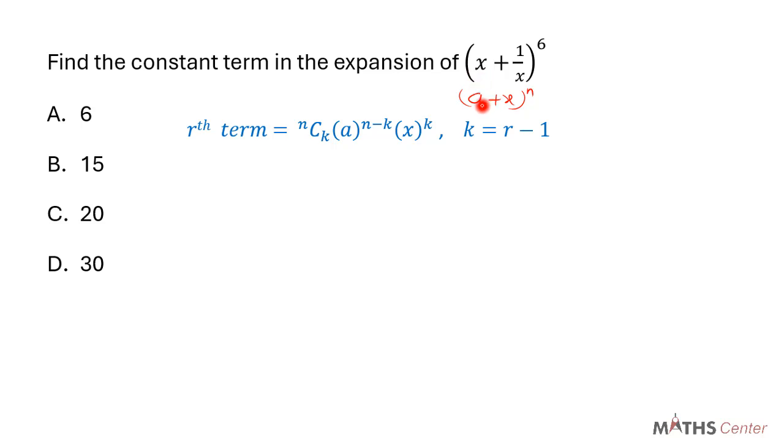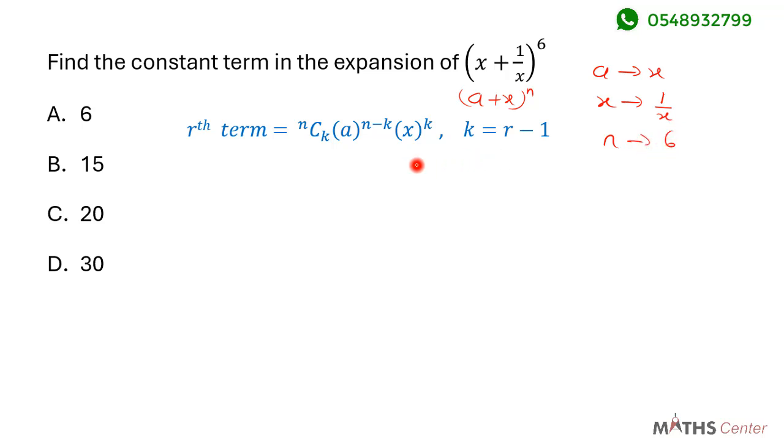When we compare (a + x) exponent n to (x + 1/x) exponent 6, we can see that the first term a is x, the second term x is 1 on x, and n, which is the exponent of the binomial expression, is 6, so n is 6.